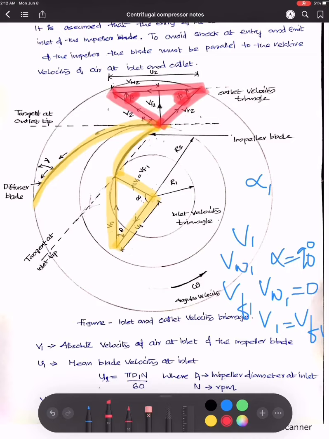Clear? And these are the tangent at the inlet tip, and this is the tangent at the outlet tip. Now this VR1 and VR2 will be parallel to the diffuser blade. Clear?